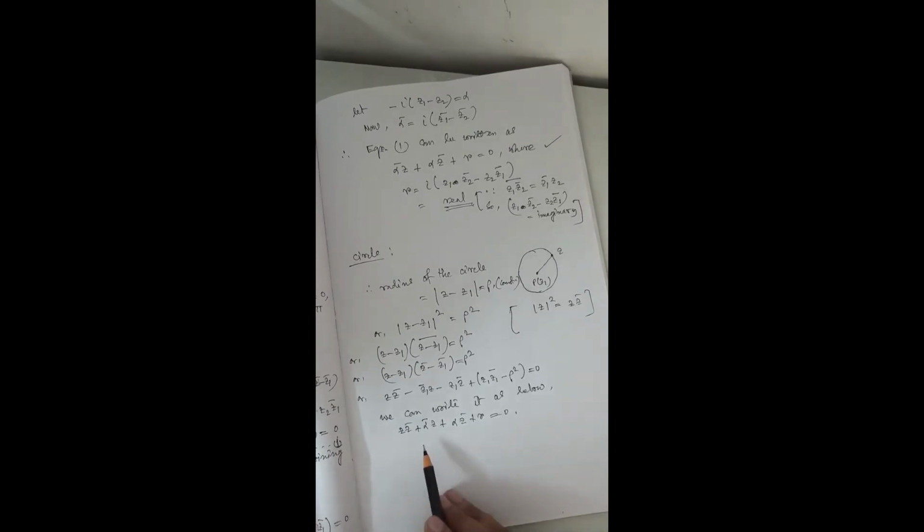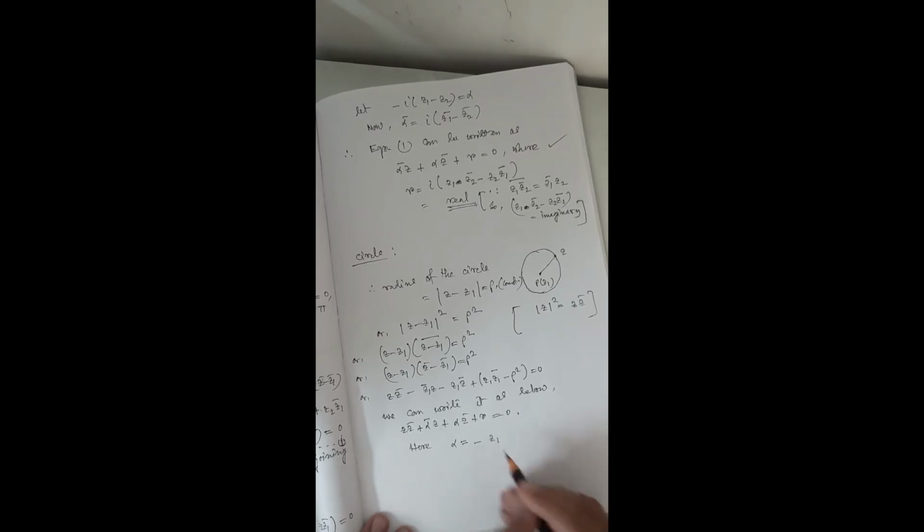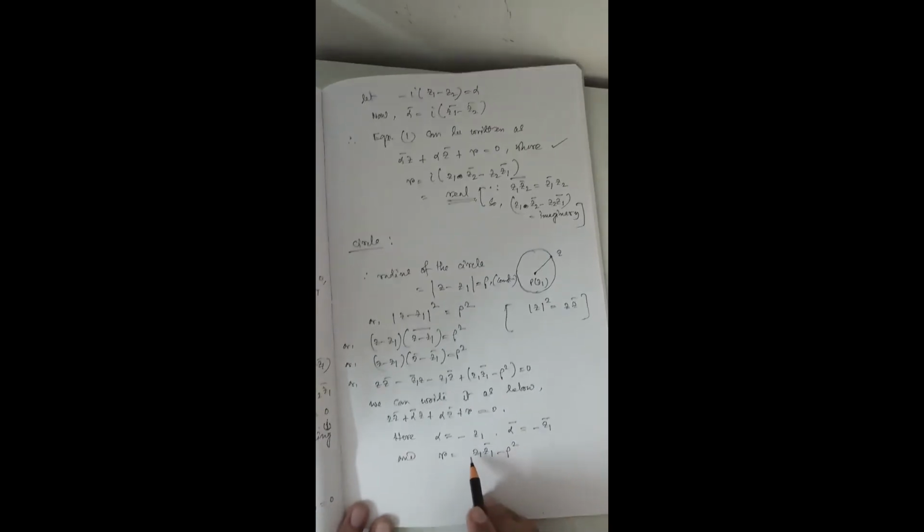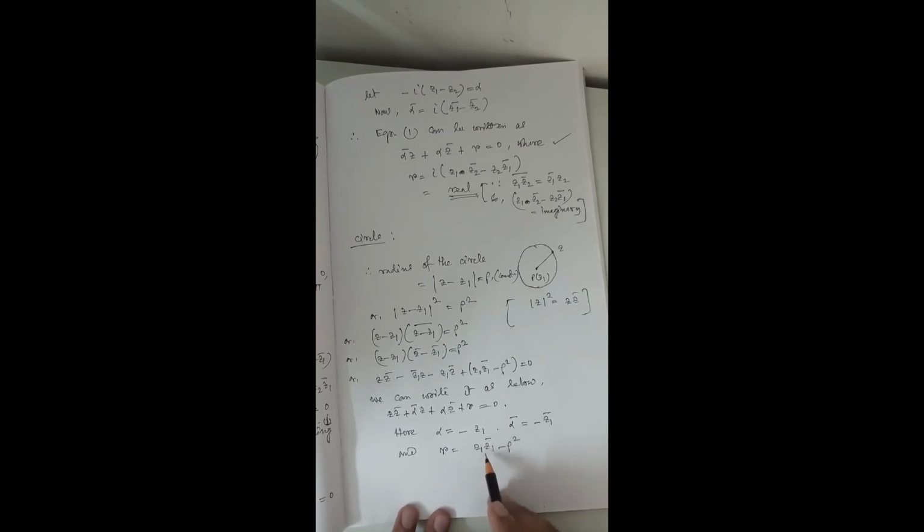Let me explain what alpha bar and r are. If you consider alpha as minus z1, then alpha bar will be minus z1 bar, and r is z1 z1 bar minus rho squared, which is purely a real number, because z1 into z1 bar is real and rho squared is real, so their difference will also be real. So this is the equation of a circle.